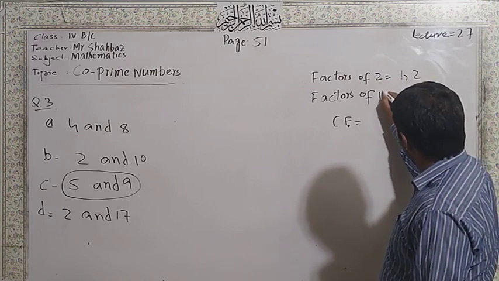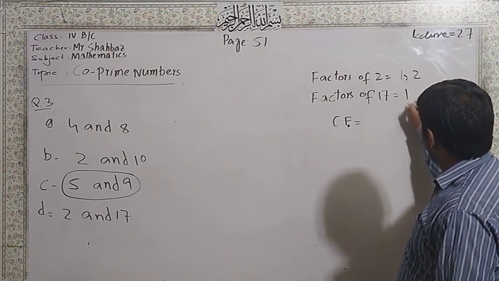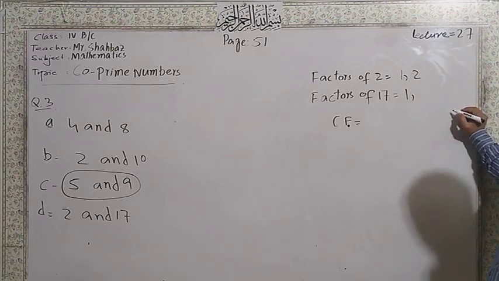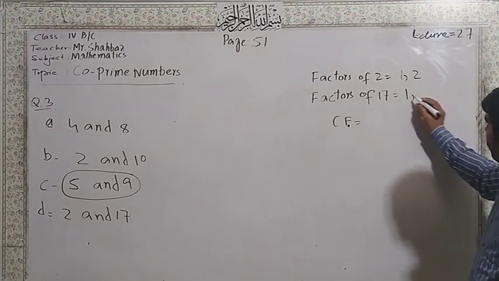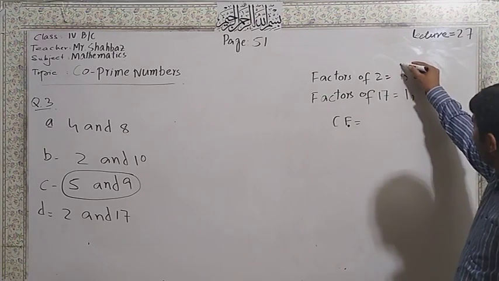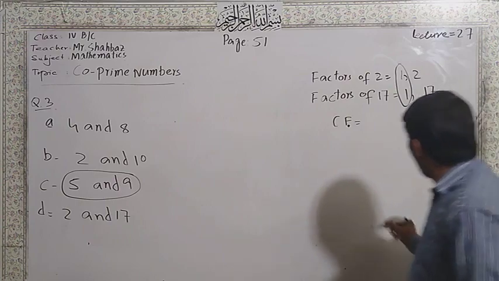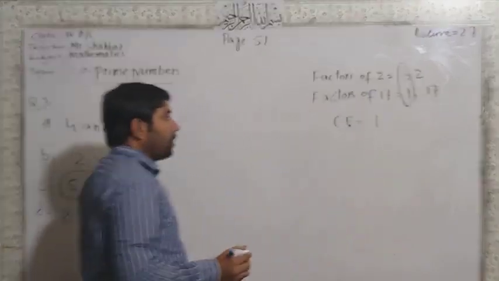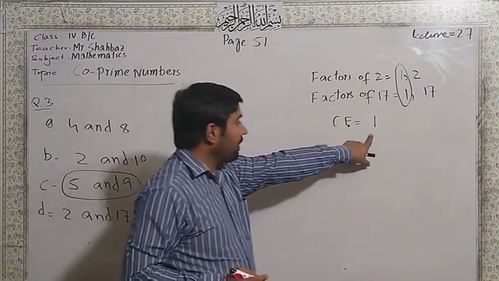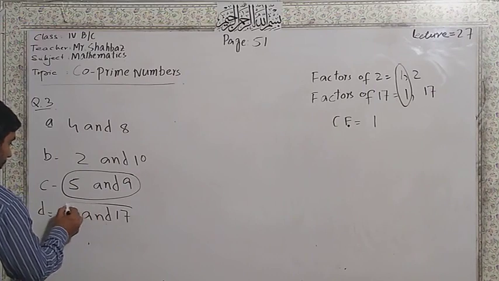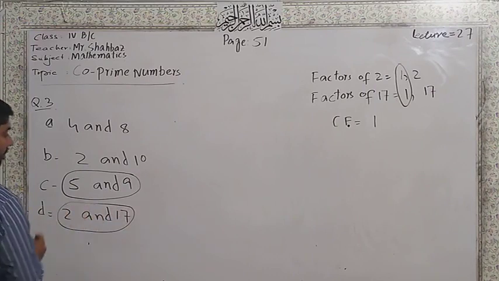Factors of 17: 1, and 17 times 1 is 17, 1 times 17 is 17. There is also one common factor, 1. So you can see that this also has one common factor. You will circle this one, and these are also co-prime numbers. Okay?